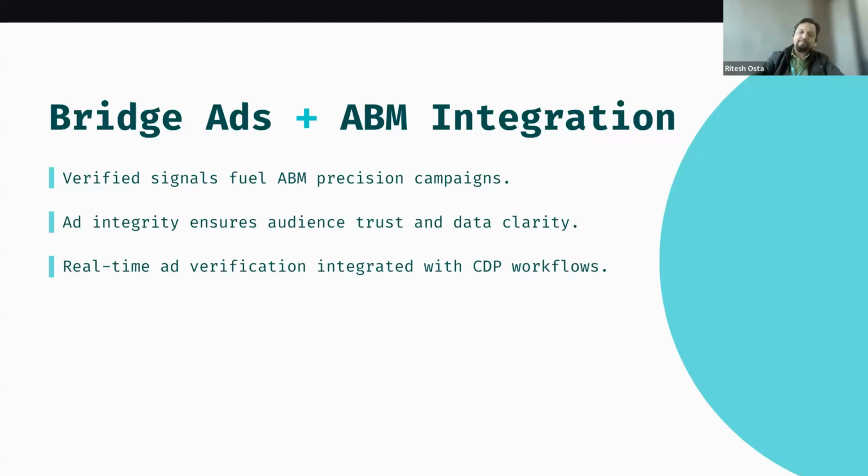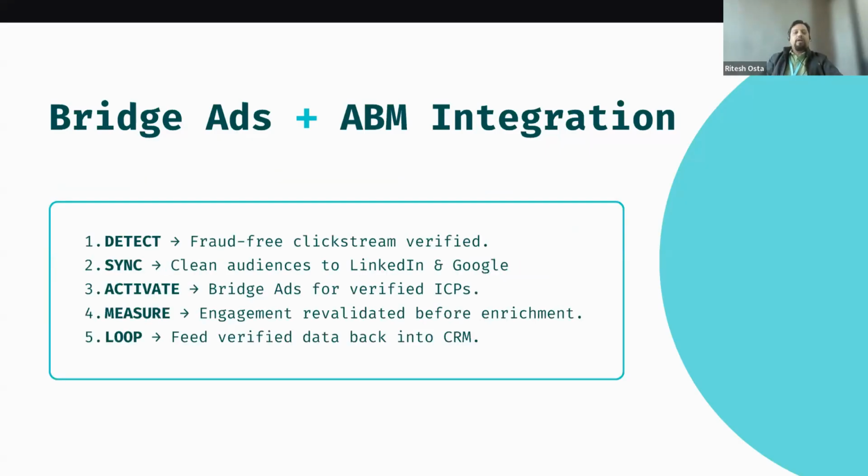Okay, and real-time ad verification integrated with CDP workflows and CRM workflows works like magic. So detect fraud, click-stream verified, sync clean audiences to LinkedIn and Google in terms of customer match and retargeting, activate bridge ads for verified ICPs and accounts, measure the engagement, in terms of revalidation before enrichment, validation before enrichment.